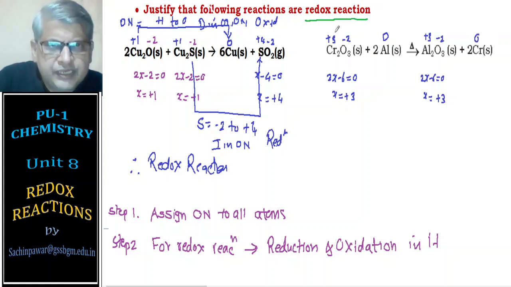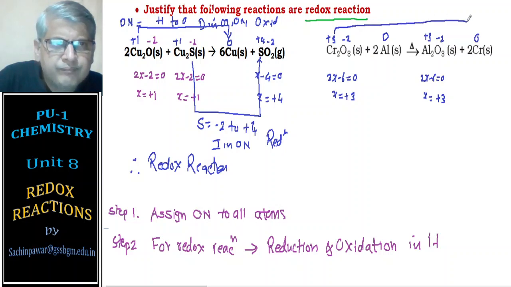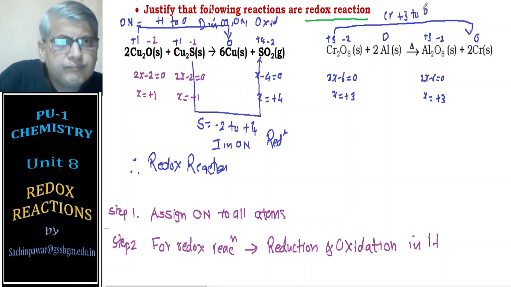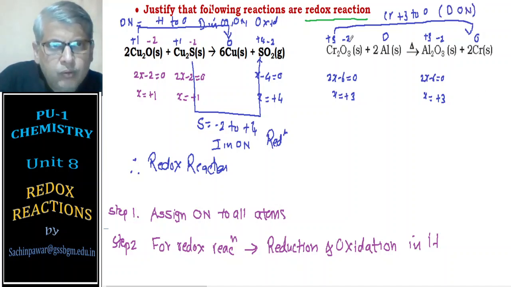So if you see it carefully here, chromium is changing from plus 3 to 0, that is a decrease in oxidation number, and the oxide ion O minus 2 remains O minus 2.